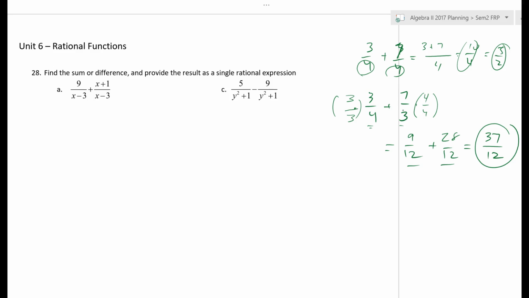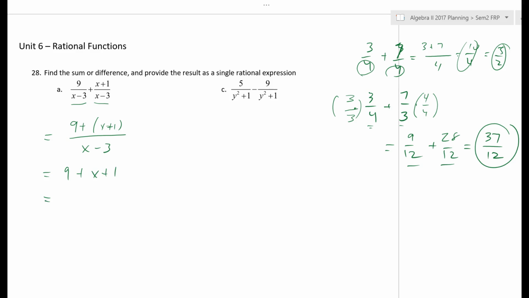So for A and C here, you can see that I have a common denominator. It's an expression, but it's x minus 3. So that becomes a relatively simple idea then. I can just use the common denominator and add the numerators. So I'm going to add the 9 plus the x plus 1.